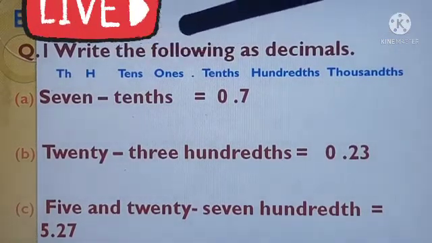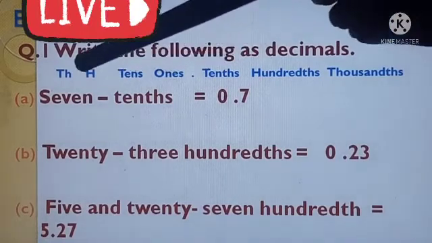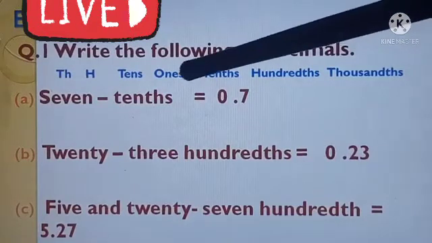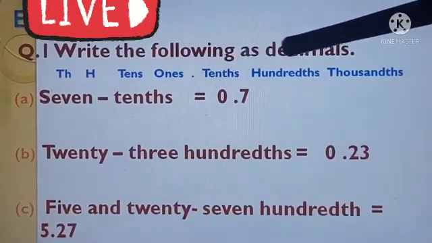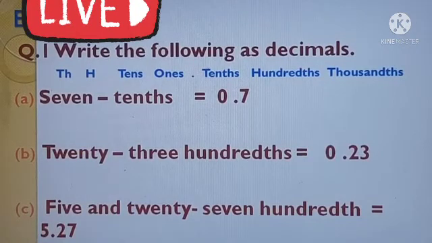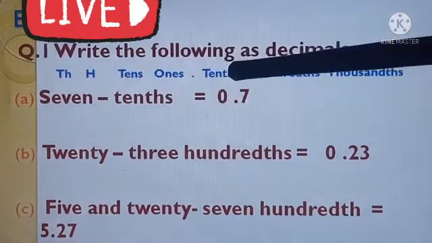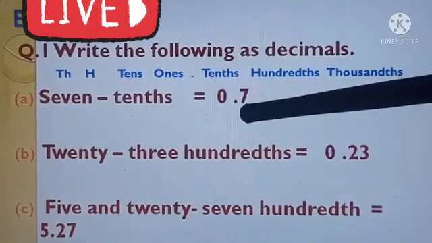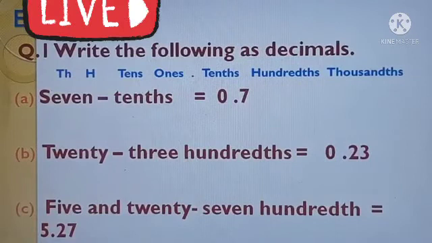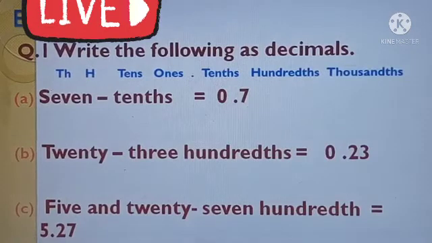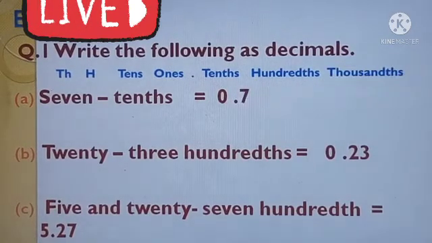For the whole number part: ones, tens, hundreds, thousands. For the decimal part: decimal, tenths, hundredths, thousandths, then ten-thousandths. So 7/10, here it is tenths. We will put 7 here. The decimal will be at its own place, and in the ones place, for the whole number part, I have written 0. So our answer will become 0.7.